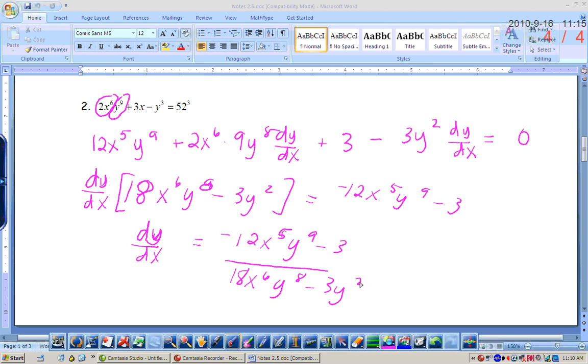Did I lose anybody? Riley? If you'd like to divide that 3 out of everything in that, you're welcome to. If it's a free response question, then you're welcome to leave it the way I have it up here. If it's a multiple choice question, they may have factored a 3 out and divided the top and the bottom by 3. So it's just something to look for on a multiple choice question.